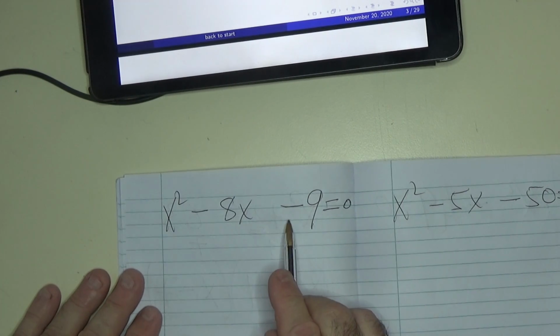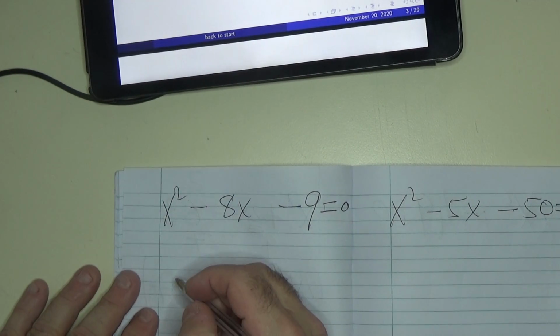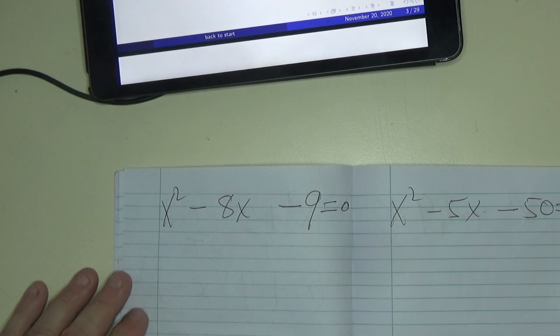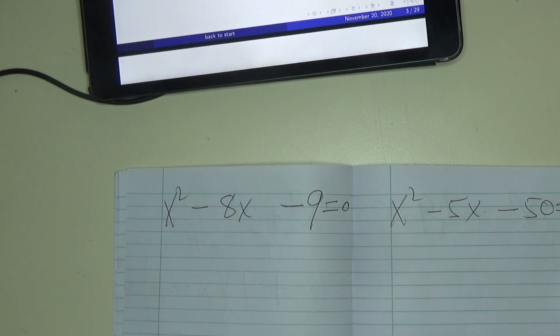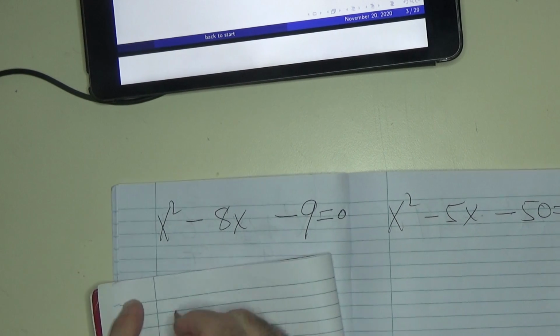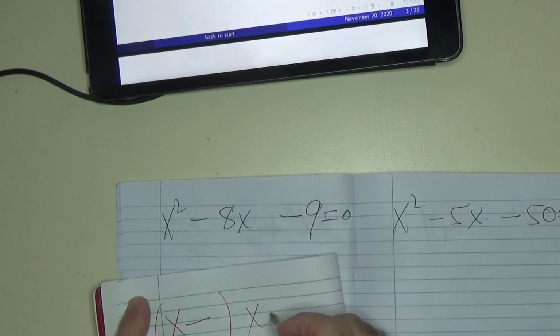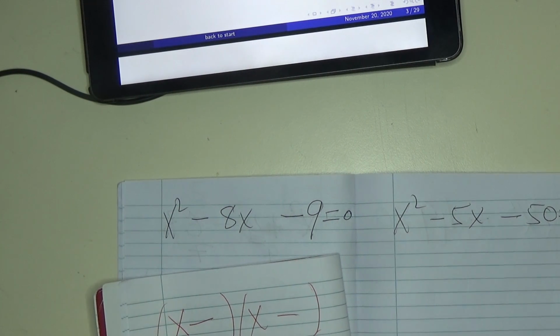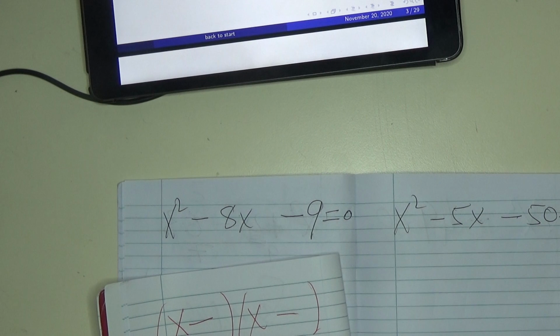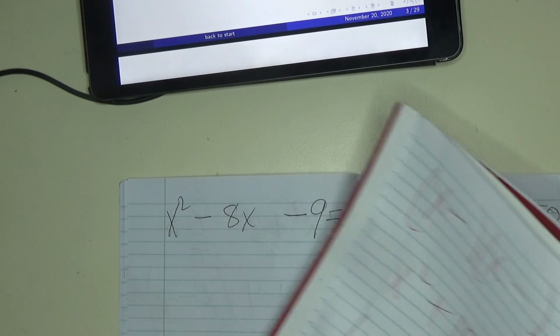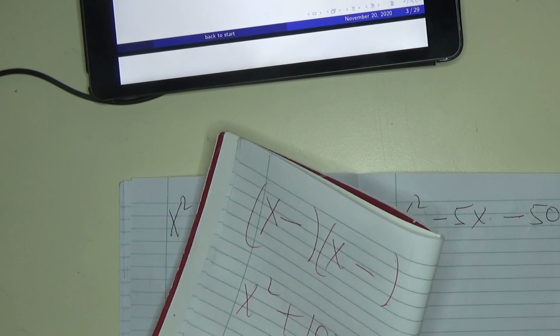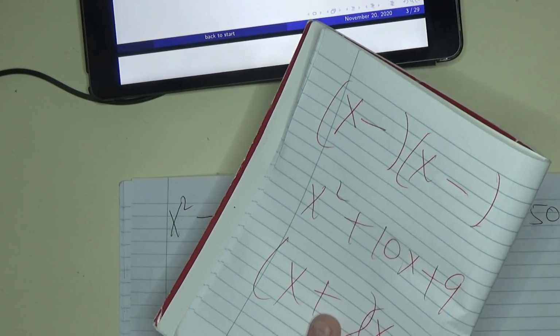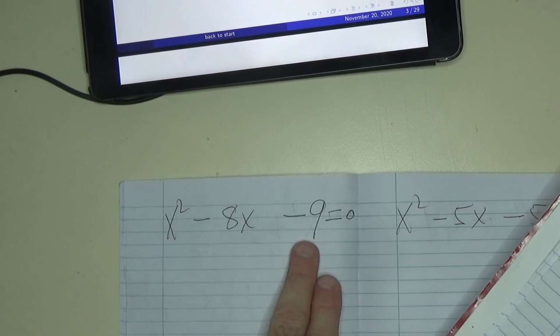Now we have minus, minus. Do not do the following. Do not do that, that's x minus. Now it is true that x squared plus, let's say 10x plus 9 is an x plus, but don't let that lull you into a false sense of security to think that just because an x plus gives x plus in the factorization, that does not mean that x squared minus gives minus.